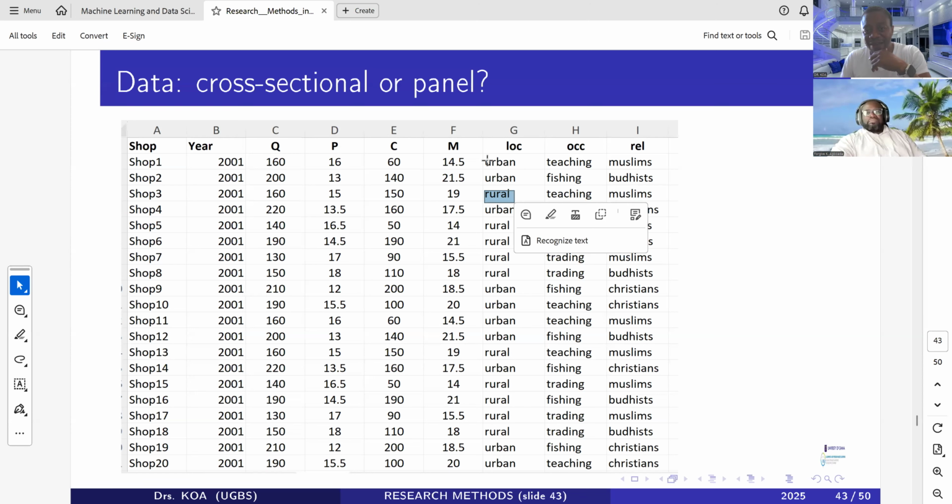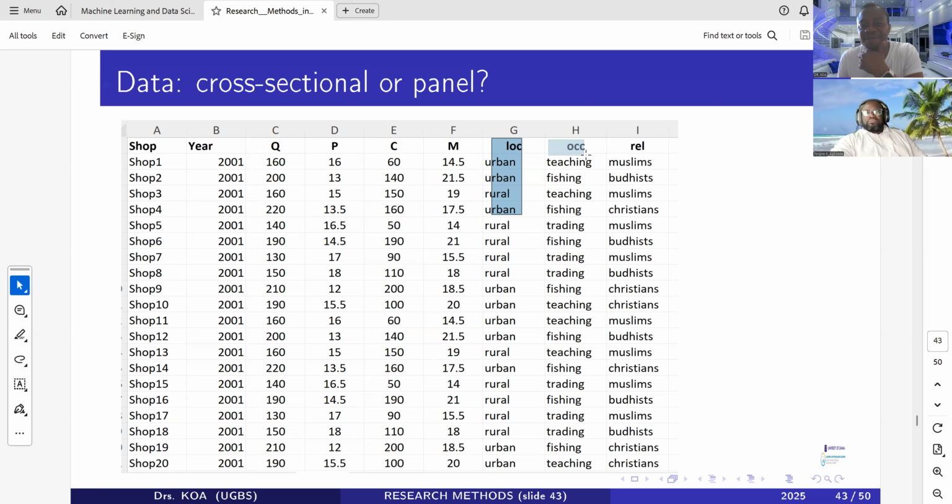The levels for this location are just 2 levels. Anytime you have 2 levels, the dummy is 1. Anytime you have 3 levels, the dummy is 2. So the dummy is always 1 less than the level. Write it down. If you want to know the number of levels, classifications, clusters, the dummy is always 1 less than the level.